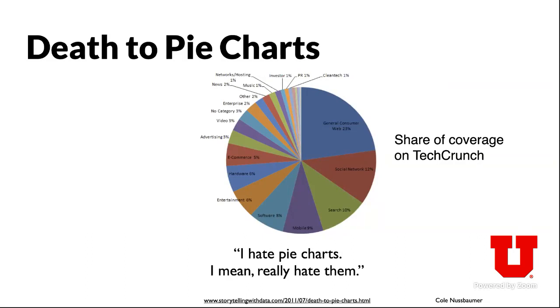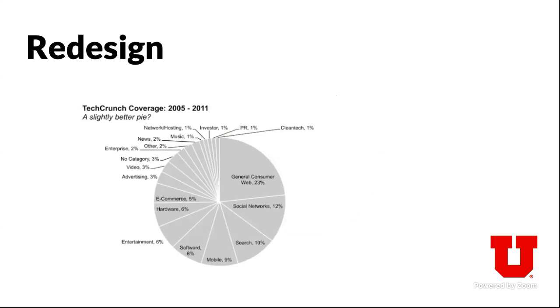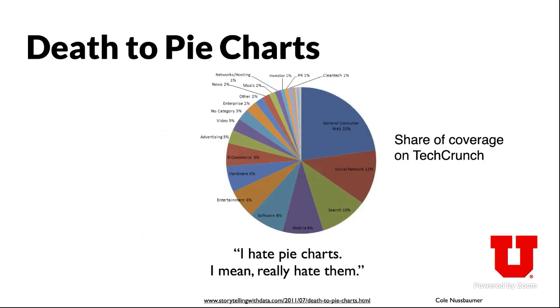This here is from Cole Nussbaumer, the person I mentioned that has this book. She really, really hates pie charts. And here's a pie chart that isn't completely terrible, but does many things wrong. First, it uses color unnecessarily, right?